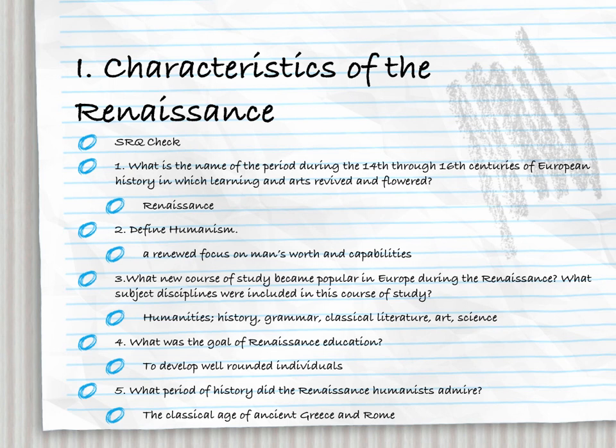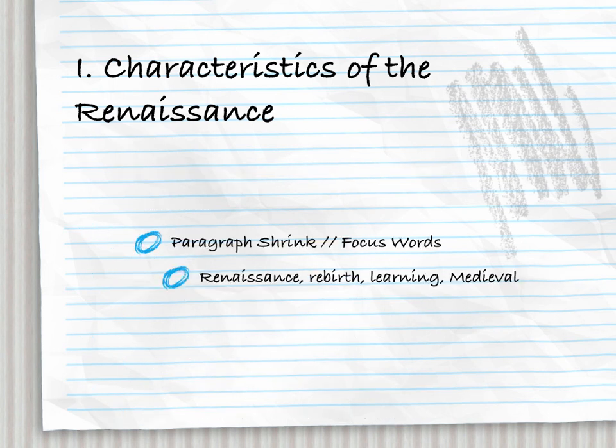Here are your paragraph shrink focus words. You have 4: Renaissance, rebirth, learning, medieval. Okay, so you're trying to sum up this section to illustrate what you've learned. You want to keep it short. Try to keep it to 20 words or less. You may use different forms of the words. So, learning could be learn, could be learned.